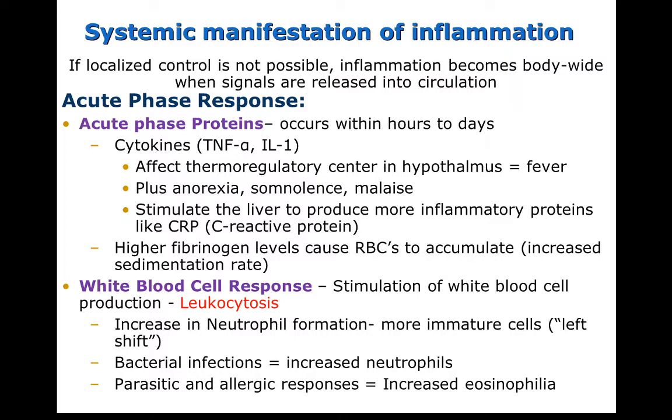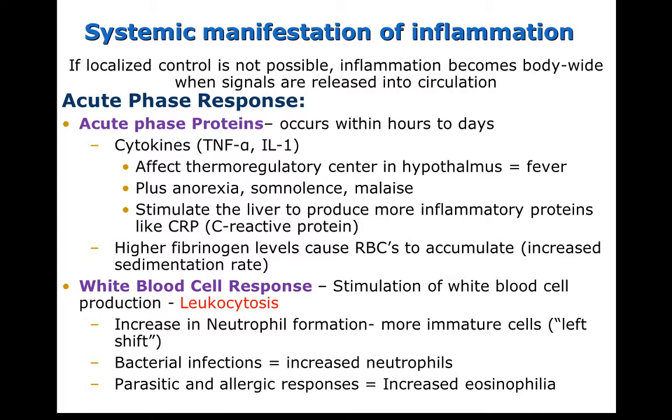Within hours or days of the inflammation, a number of cytokines are released. The key ones to remember again are tumor necrosis factor and interleukin-1. These cytokines produce fever acting on the hypothalamus, and they also produce symptoms of anorexia, somnolence, and malaise.